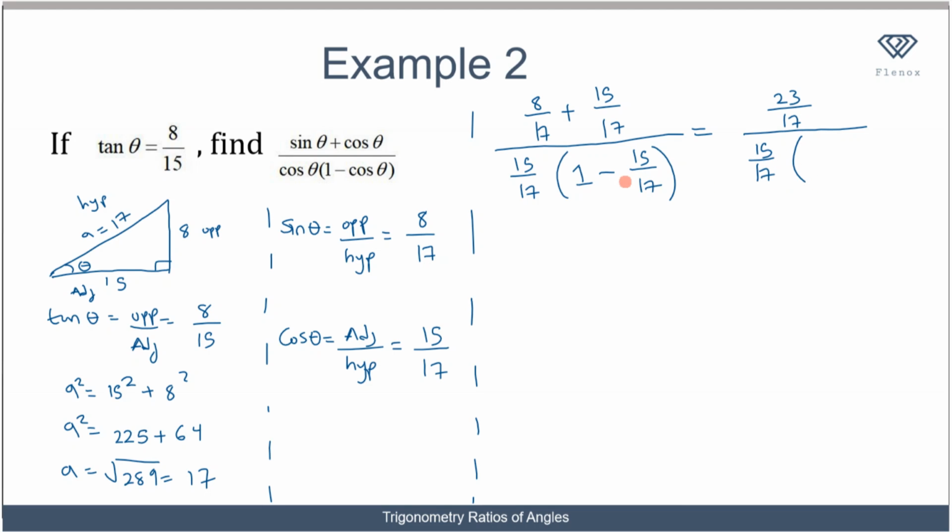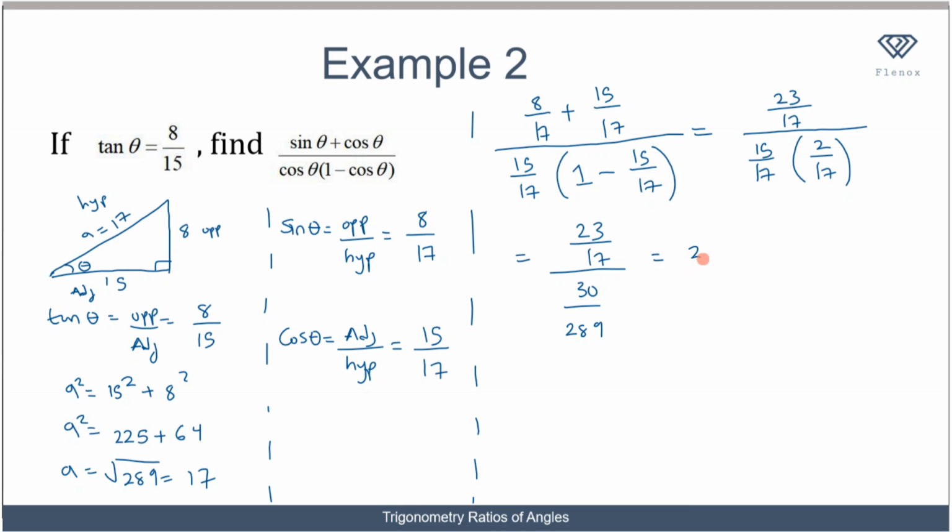And when you find the LCM and try to simplify this, 1 minus 15 over 17 gives me 2 over 17. So that becomes 23 over 17 divided by 15 times 2, which is 30, over 17 times 17, which gives me 289.